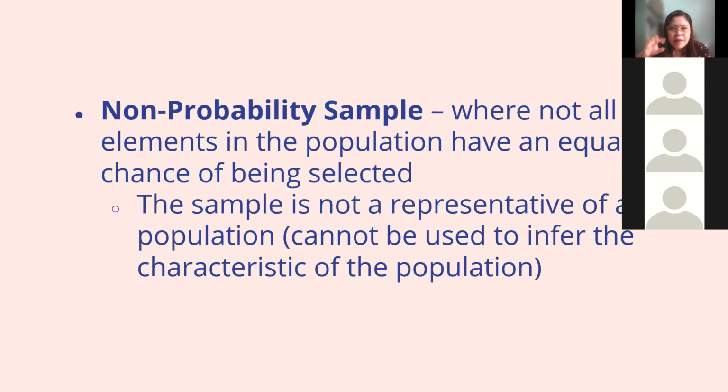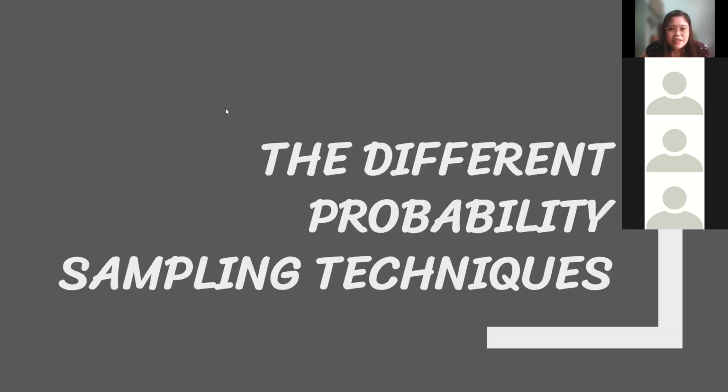So, kapag ang gigamit ninyo na sampling is non-probability sampling, then the sample is not a representative of the population and we cannot really use your data na mag-infer og characteristics sa population. Okay? So, any question before ta mag-storya of different probability sampling techniques? Any question? Wala.